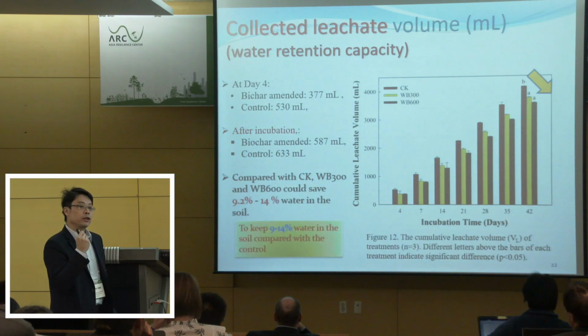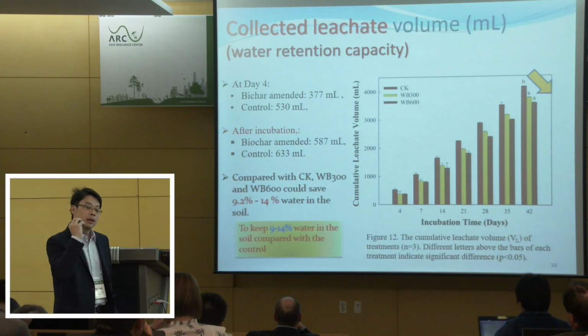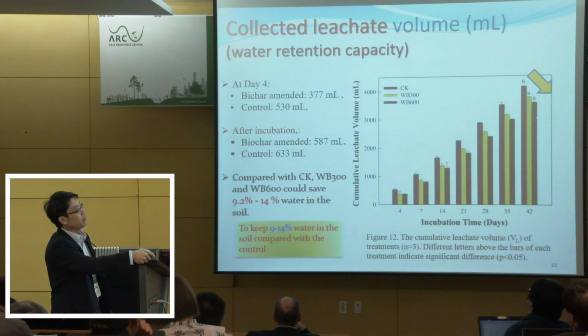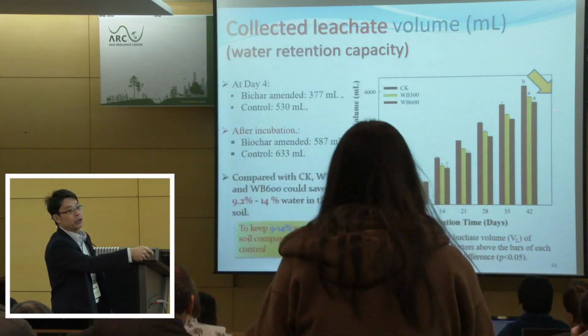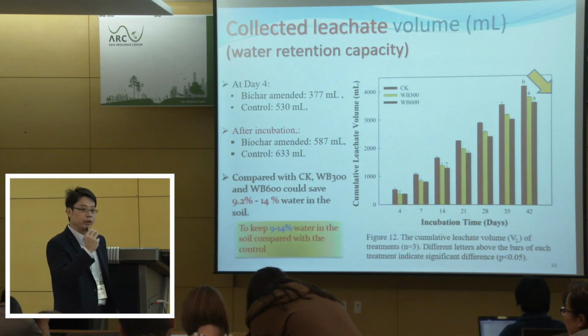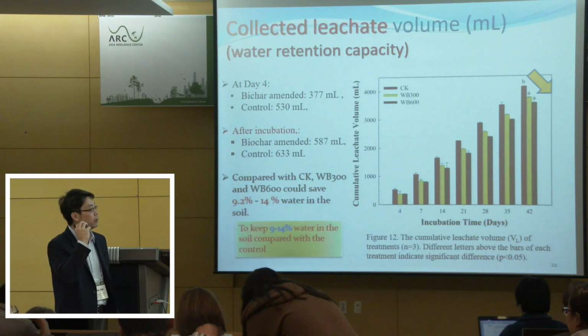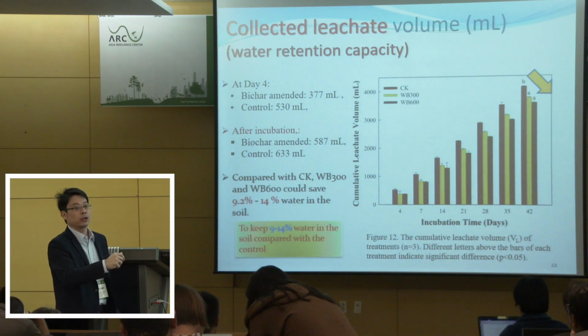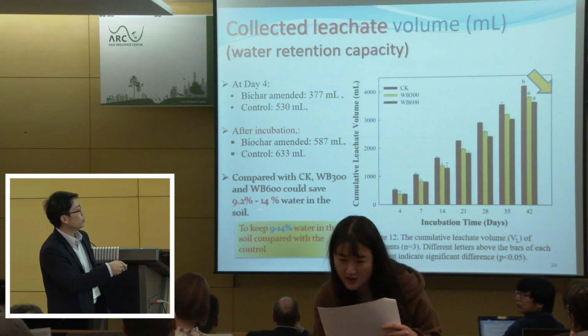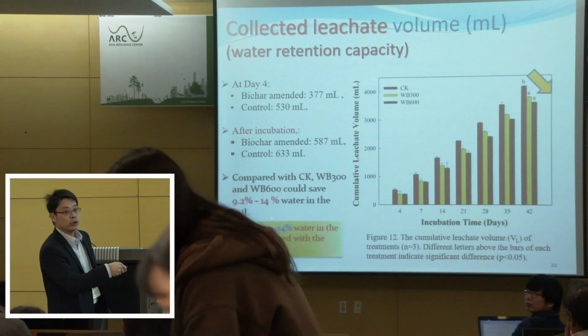This means if you use biochar in the soil, you can retain water more effectively, particularly the high temperature biochar. You can retain more water in the soil, about 9 to 14% in the biochar amended soil.